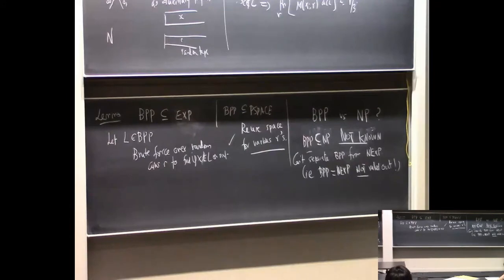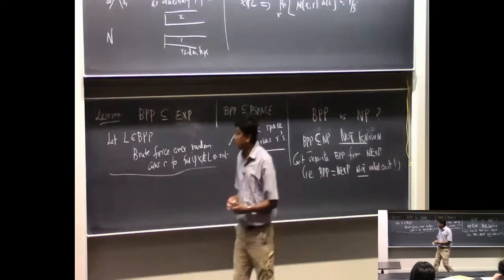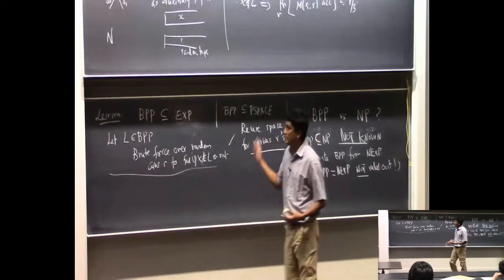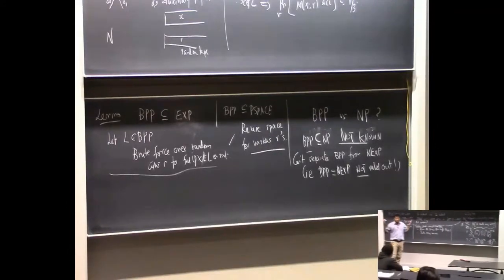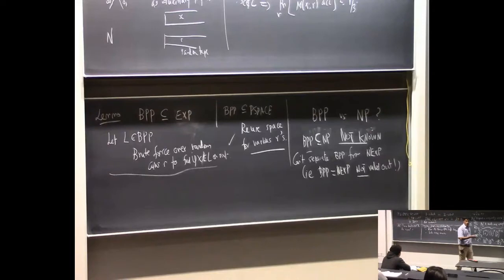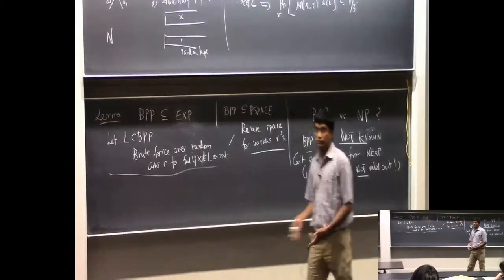Now you might be a skeptic and say, you know what, people's belief that all these things collapse to P, maybe that's not really the case. And you'll say, okay, maybe I'll separate BPP from P. You have to entertain that possibility.